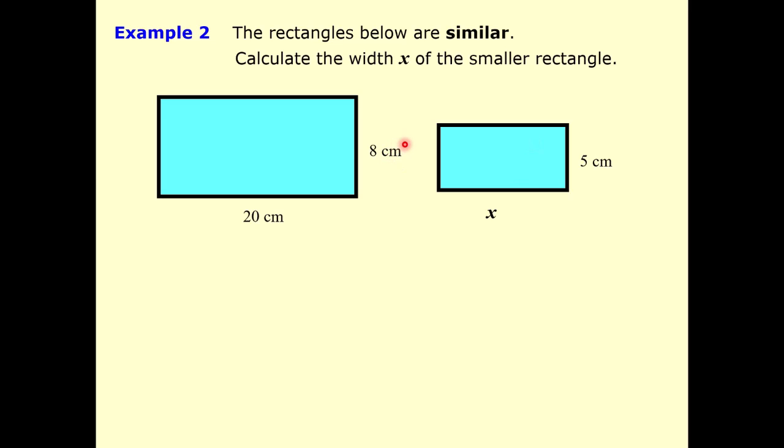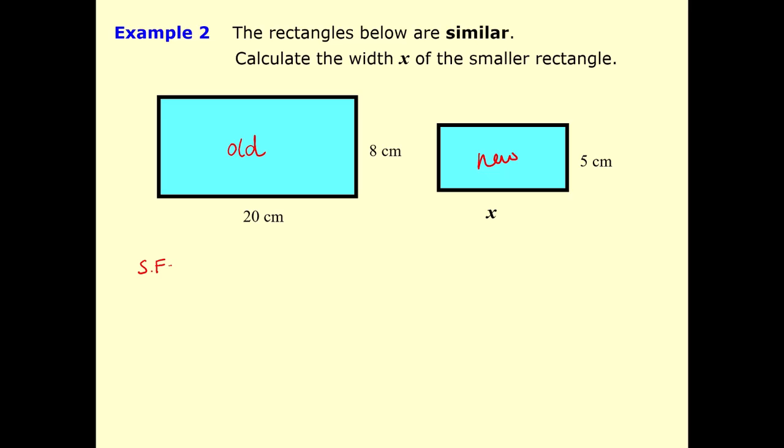Our corresponding sides here are 8 and 5, and along the bottom we have 20 and x. So I'm going to label the smaller rectangle our new shape because that has been created from our reduction, and our larger one in this case is now our old.